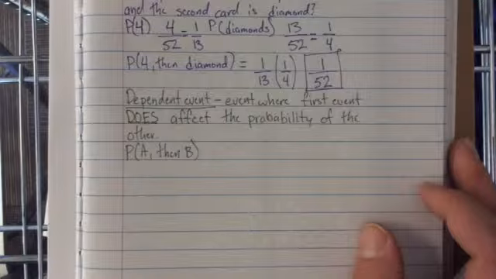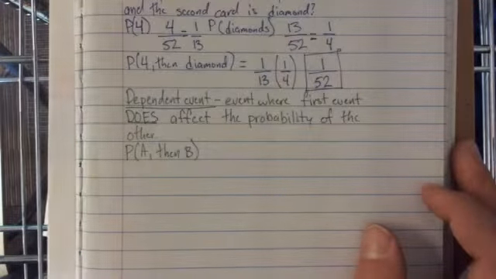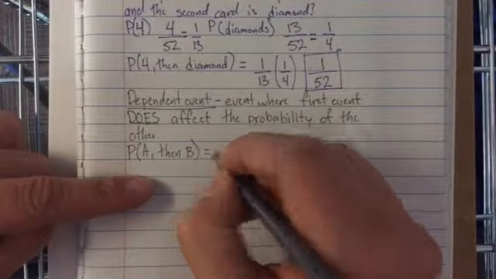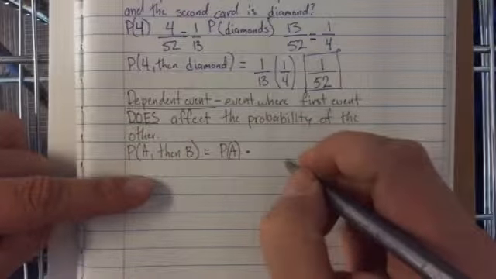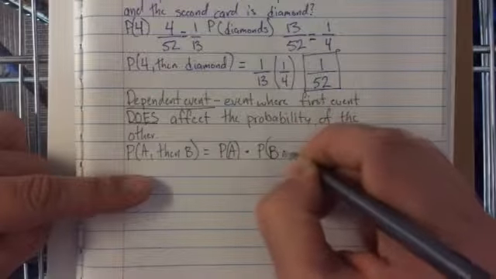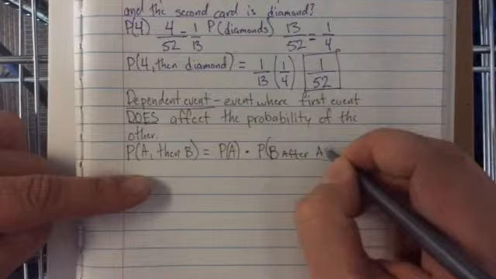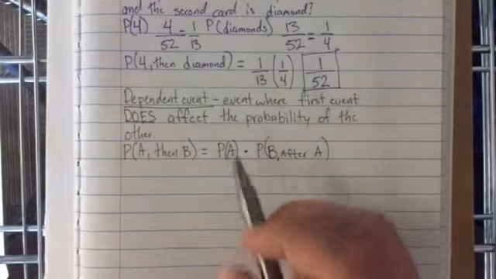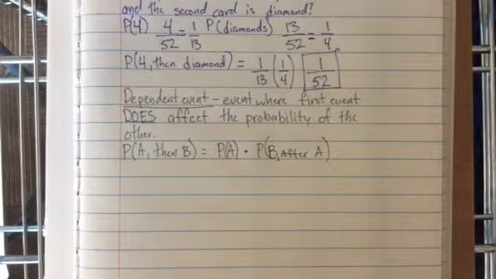So the probability of A happening and then B happening, this will be equal to the probability of A happening multiplied by the probability of B after A happened.